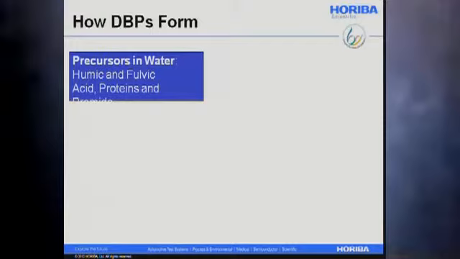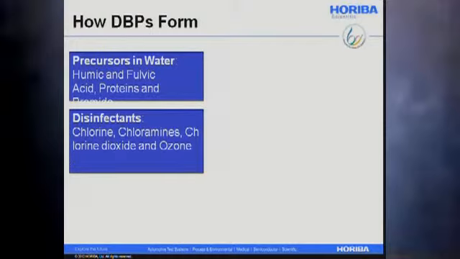So how do DBPs form? I apologize that this screen resolution is a little bit different than what I had shown before. Basically the precursors in water are the humic and fulvic acids, the proteins, and bromide, and your disinfectants are chlorine, chloramine, chlorine dioxide, and ozone.